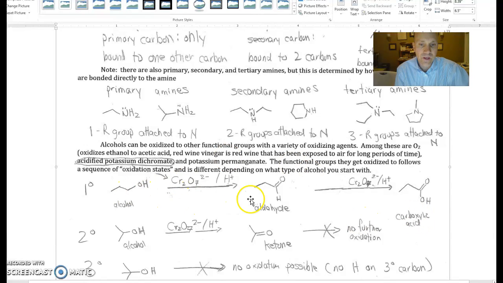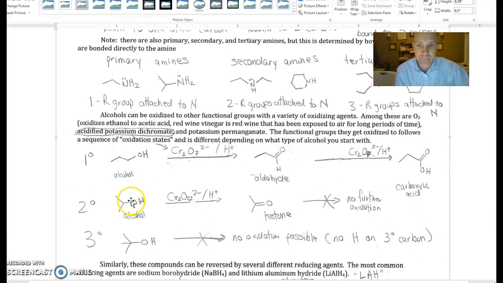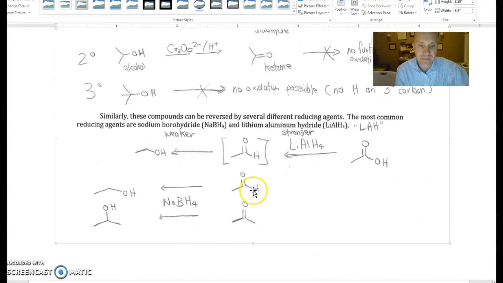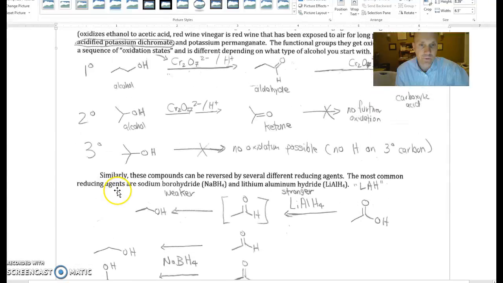The way I'm organizing this is that this column would be the highest oxidation state, and this column over here would be the lowest. I'm going to keep that consistent even down here: the stuff to the right is going to be highly oxidized, and the stuff to the left is going to be more reduced.